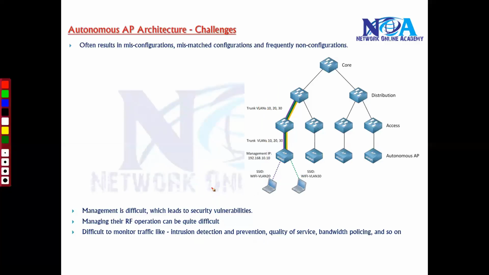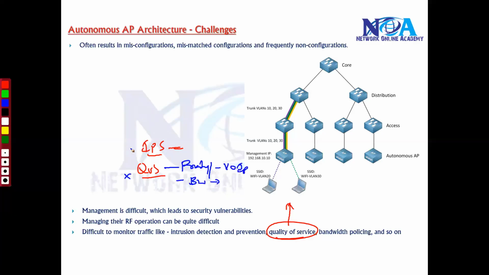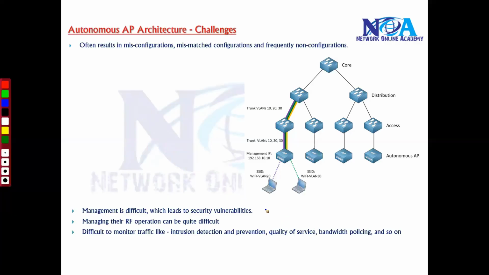So as there is no centralized traffic flow, it's very difficult to monitor the traffic with an intrusion prevention system, or to apply some quality of service for specific traffic, like giving priority to VoIP, or reserving some bandwidth. These options are not possible here. So it's very difficult. Likewise bandwidth policing, restricting the bandwidth for specific traffic, is going to be very difficult in general.